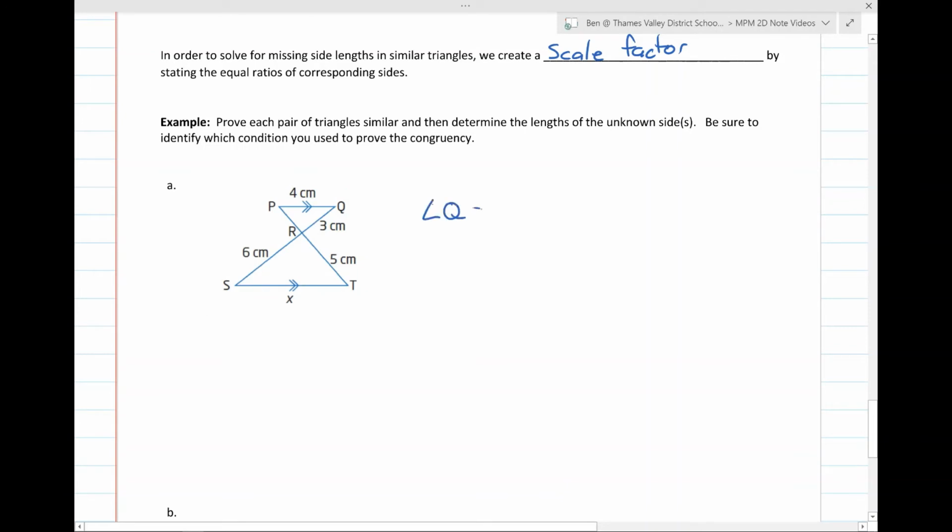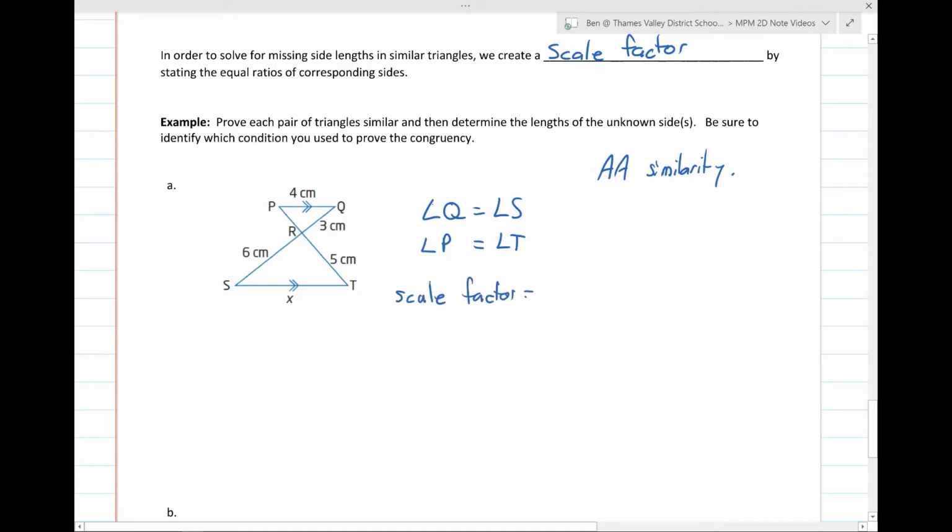Angle Q equals angle S. Likewise, we can use another Z pattern on the other side to see that angles P and T are also equal. If we have two pairs of equal angles, then we have angle-angle similarity. From there, we can use the fact that they're similar to recognize that we're going to have a scale factor. So let's make our scale factor.